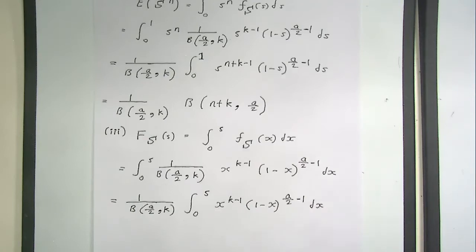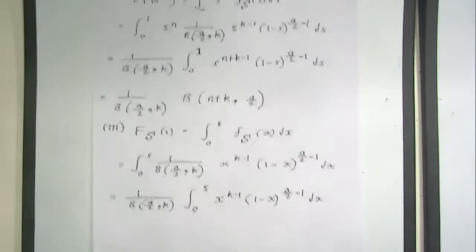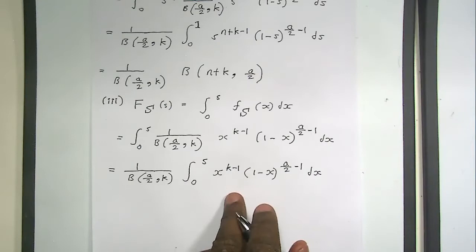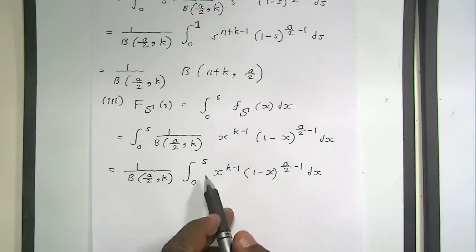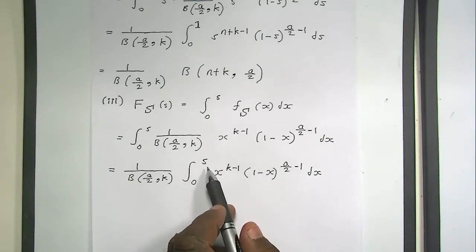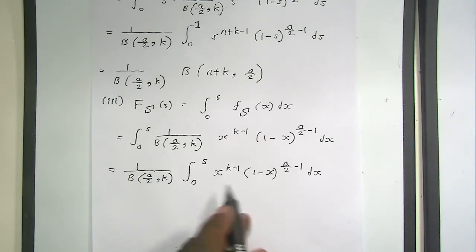Now an integral of this kind is known as the incomplete beta function. The reason is that instead of the upper limit being 1, it's s, which need not always be equal to 1.